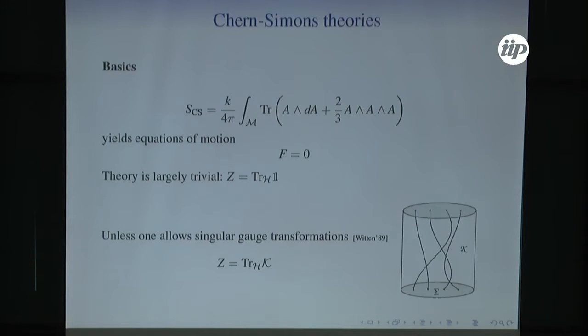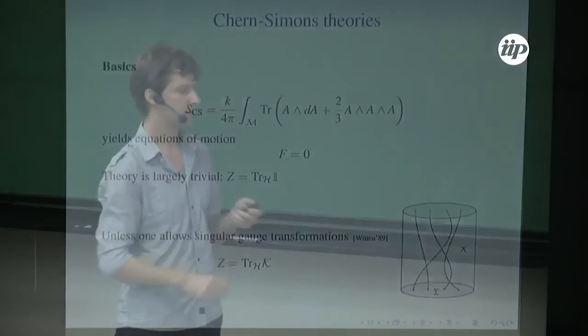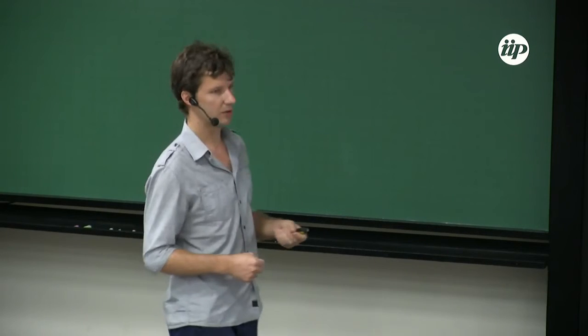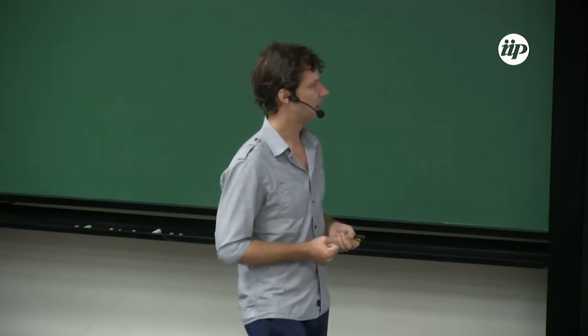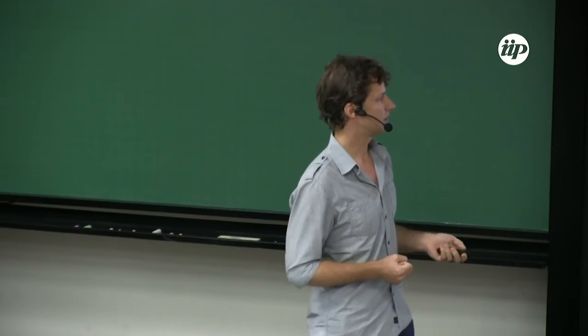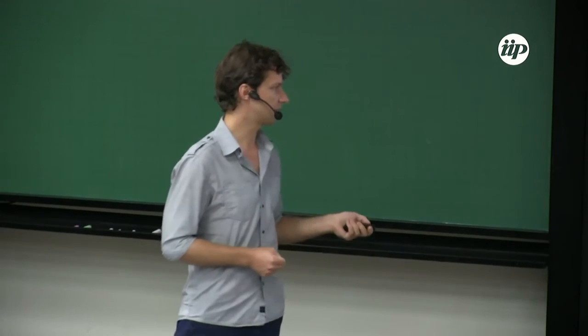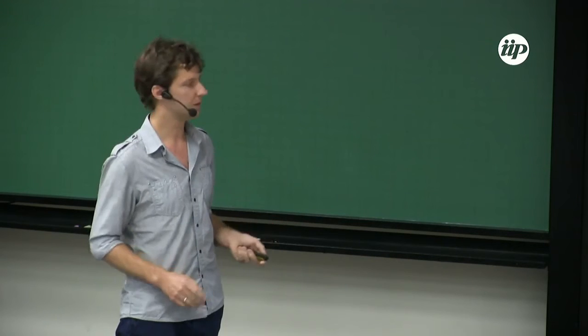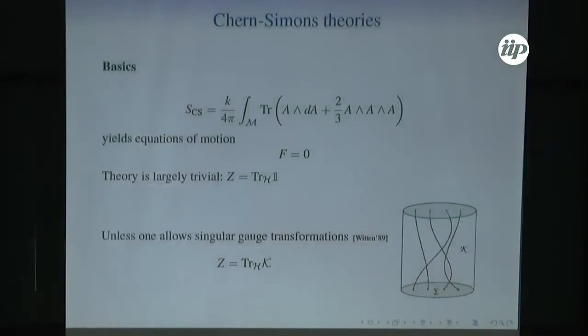And in this case, the partition function is the trace over the Hilbert space, but not of the unity operator, because you can also permute these particles. So the particles can braid, as shown in this picture. When you compute the partition function, you have to close this cylinder and compute the trace of this operator, which can be thought of as a diffeomorphism that in fact just acts on the boundaries of this cylinder.